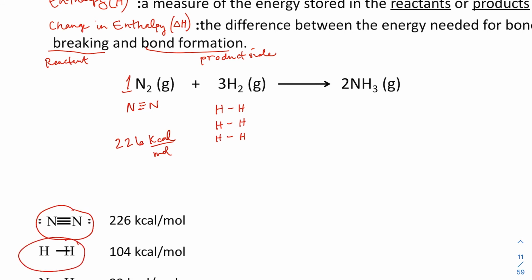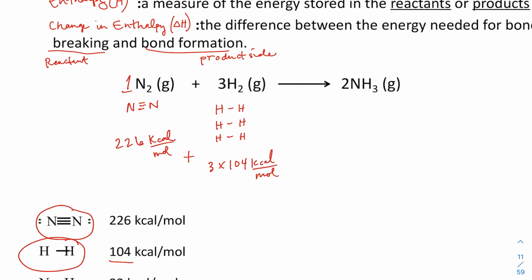Okay, now down here it tells you that 1 hydrogen single bond costs 104 kcal of energy per mole. So to break all 3 of these, we'd have to say, well, that's going to cost 3 times 104 kcal per mole. So total 226 plus 3 times 104, how much energy total would we need to break all of these bonds? Could you add that up?